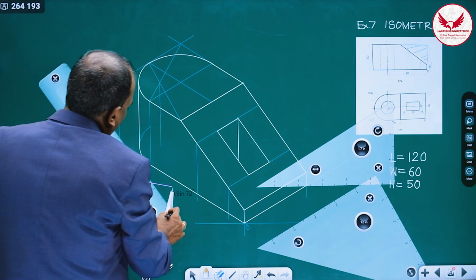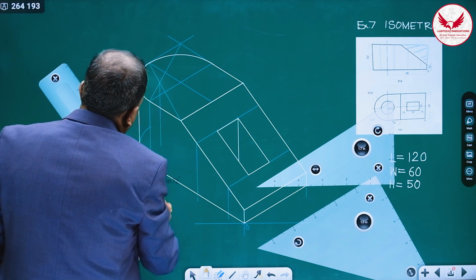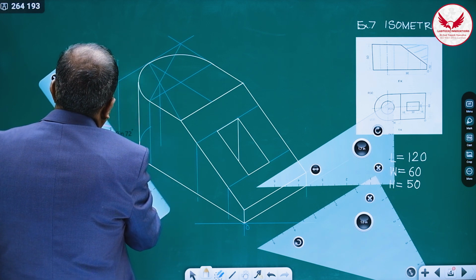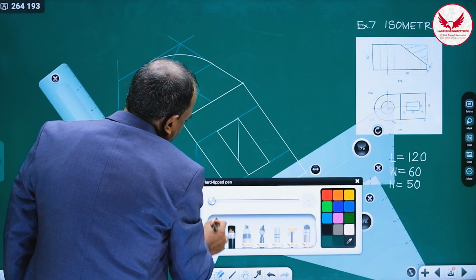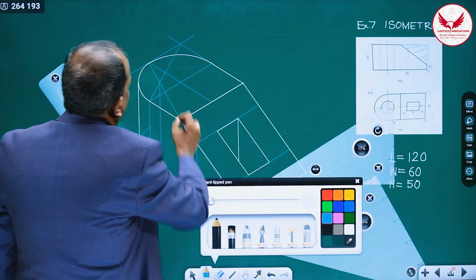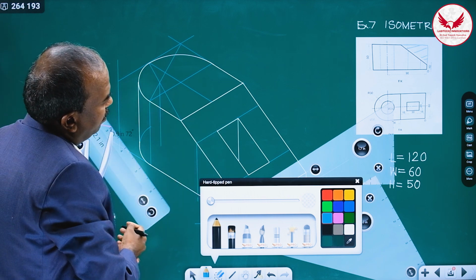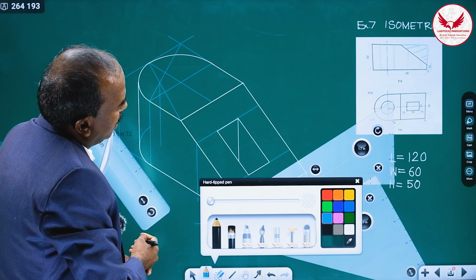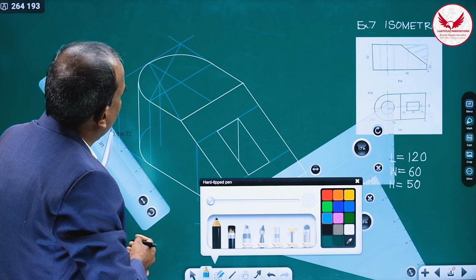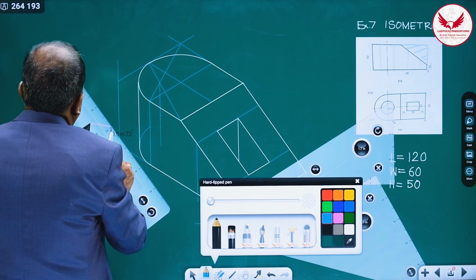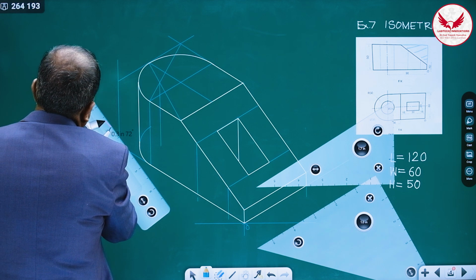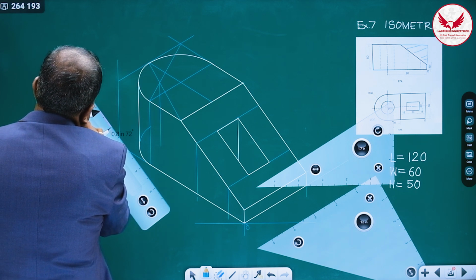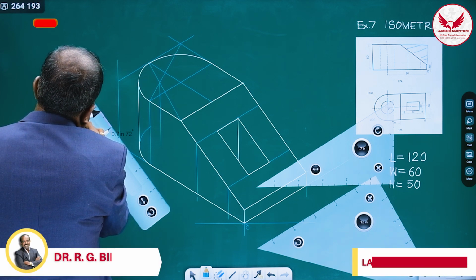And for drawing the hole in that surface, what is the first requirement? First, mark the radius of this hole. So how much is it? It is 30, which means the radius is 15, and this 15 mm first you have to take over here.